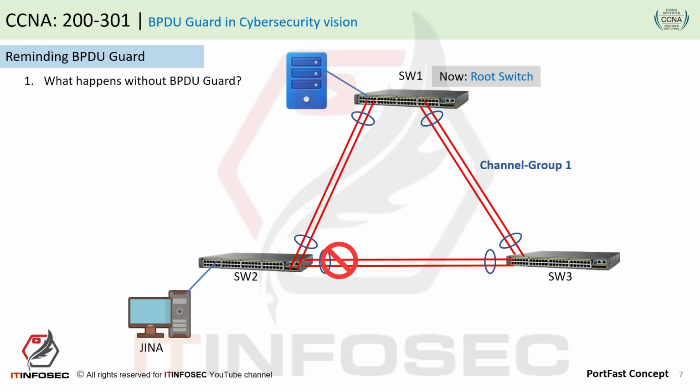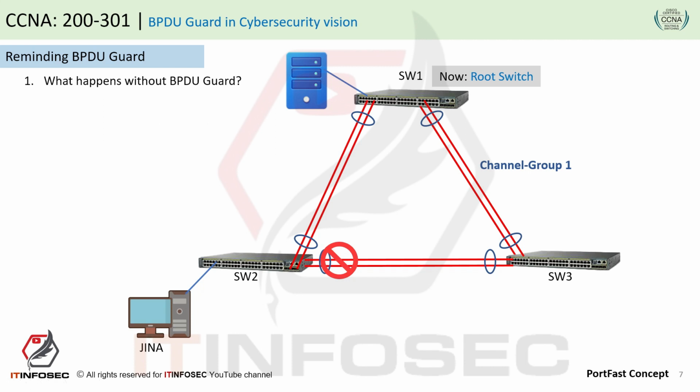Imagine that we have a network in which the server is connected to SW1, and the path of sending data is from the computer to SW2 and SW1 and the server. Well, the established STP protocol blocks the communication between SW2 and SW3.